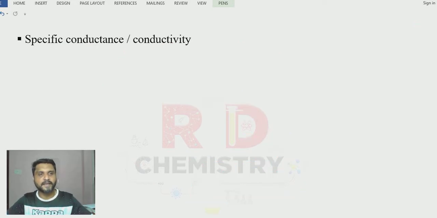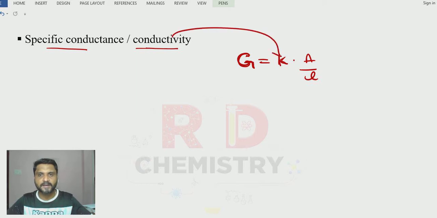Now let us see the details of the specific conductance or conductivity. We already derived previously, G is equal to kappa K into A divided by L, correct? G stands for the conductance, K stands for the specific conductance or conductivity, A is the area and L is the length. So we'll find out the unit for this. I can write K is equal to G into L divided by A, correct?